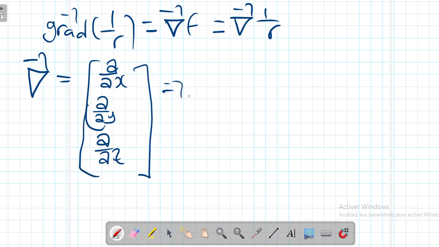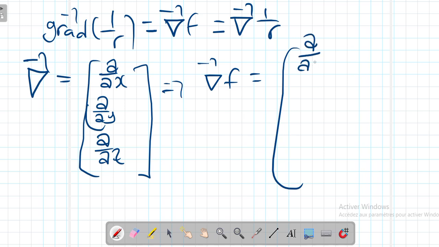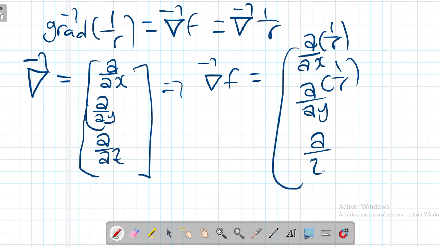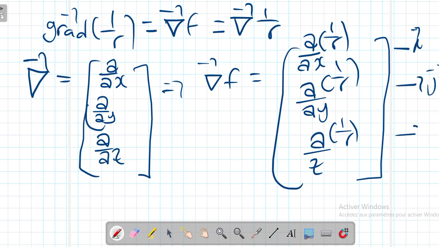Which implies that nabla of f will be the partial derivative with respect to x of 1 over r, then the partial derivative with respect to y of 1 over r, then the partial derivative with respect to z of 1 over r. So you have to find each component: this is the component of i, this is the component of j, and this is the component of k, of course, because you're dealing with the Cartesian coordinate system.